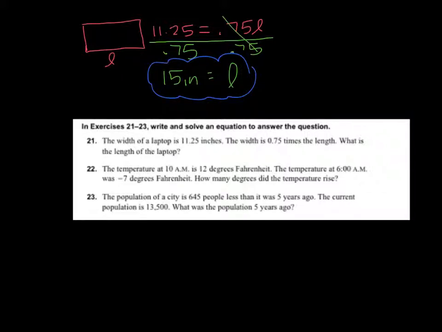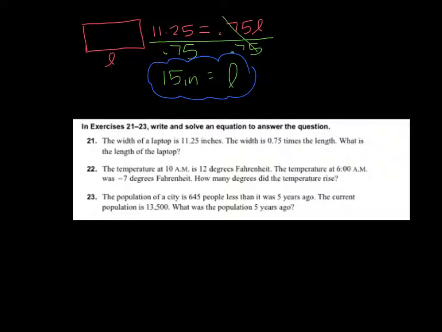All right, looking at number 23. It says the population of a city is 645 people less than it was 5 years ago. The current population is 13,500. What was the population 5 years ago? So I know that I'm looking for the population 5 years ago.